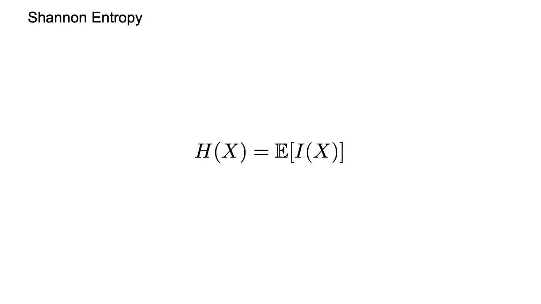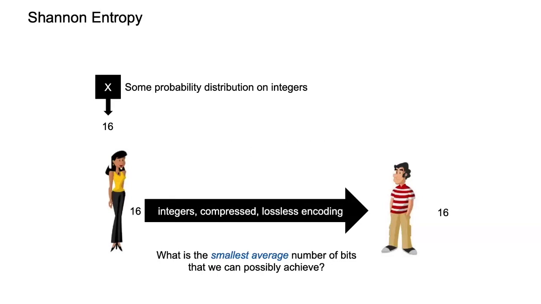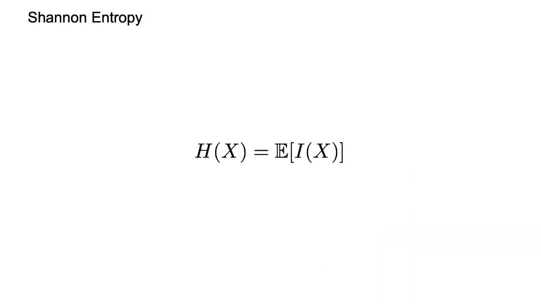In quantum physics, it can be negative, but here it can't. So you give me any source like this, the one on the top left, a probability distribution source. I can associate it through that function H with a non-negative real number.